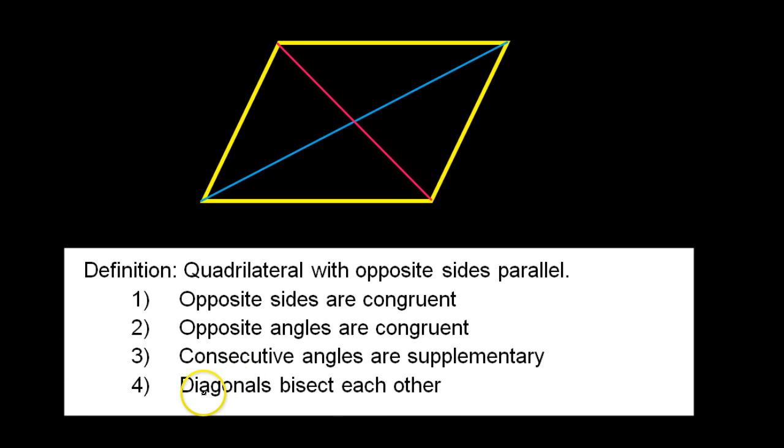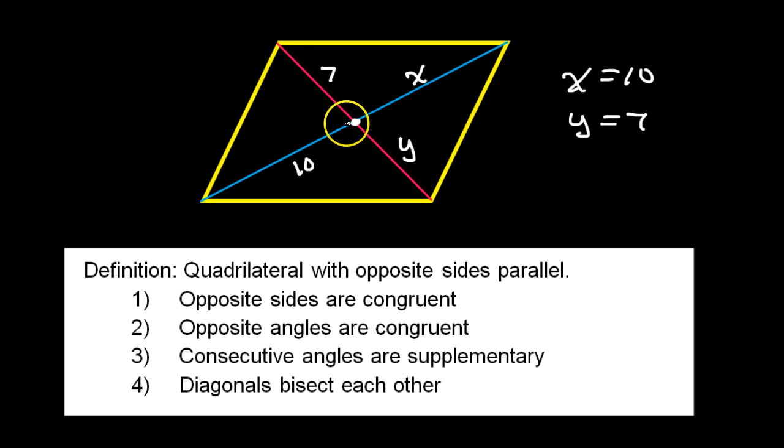One final property is that the diagonals bisect each other. That means they cut each other in half. So this point of intersection is going to be the midpoint for both diagonals. So if I told you that this was 10 and this was 7 and we had x and y, then x would be 10 and y would be 7, because these two halves of the diagonal have to be equal and these two halves have to also be equal.